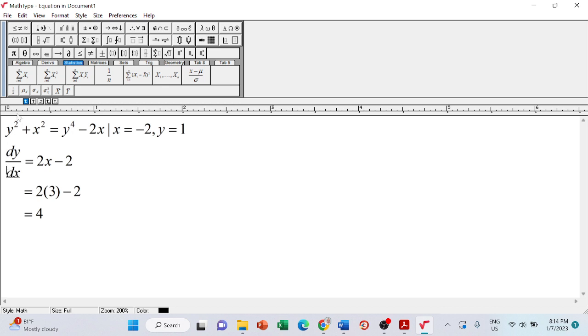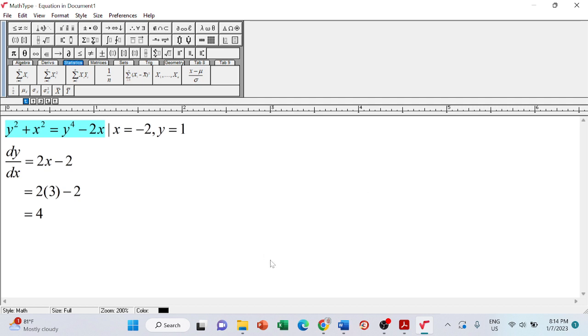Here we see that we do not have y power 1, not just y. We have y to the power 2, and here y power 4. So in this case, the part highlighted in blue, we call this an implicit function, because the power of y is not 1, it is more than 1.